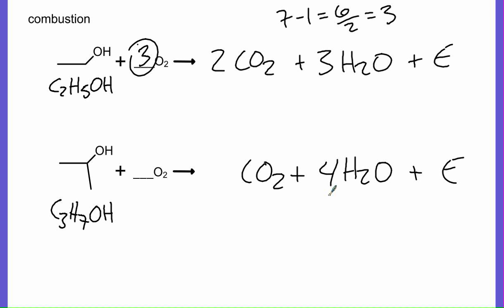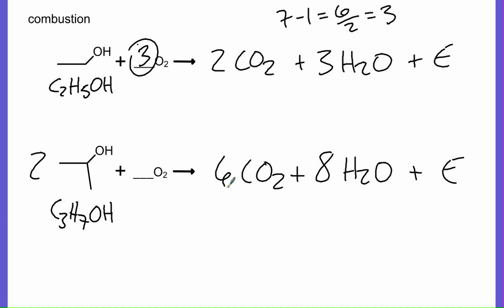Now, this is the example when I need warning bells to be going off in your head. I can't have an even number of waters and make this balance. It's just not going to work. So what that should tell you right away is that I should actually double the amount of alcohol molecules I have reacting here. I should change that 4 to an 8. I now have 6 carbons on the left, so I need 6 carbons on the right.